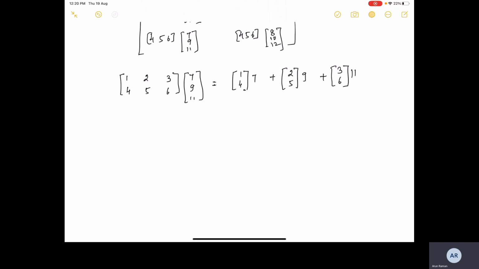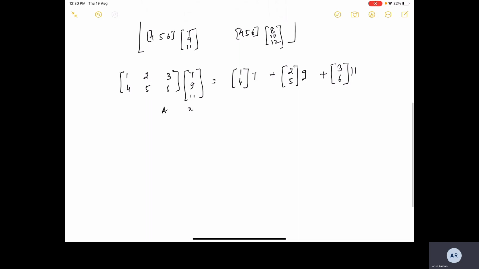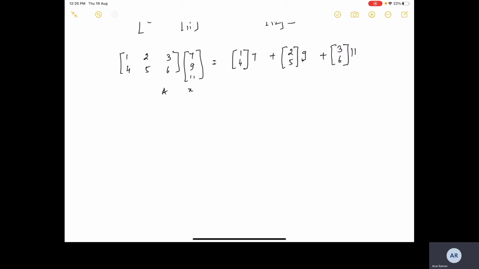In fact, many of the concepts in linear algebra are based on this particular view of Ax equals b: we say that there is a solution if b lies in the column space of the matrix, and so on and so forth. We can just extend this to a matrix multiplication form, and the extension is quite straightforward.